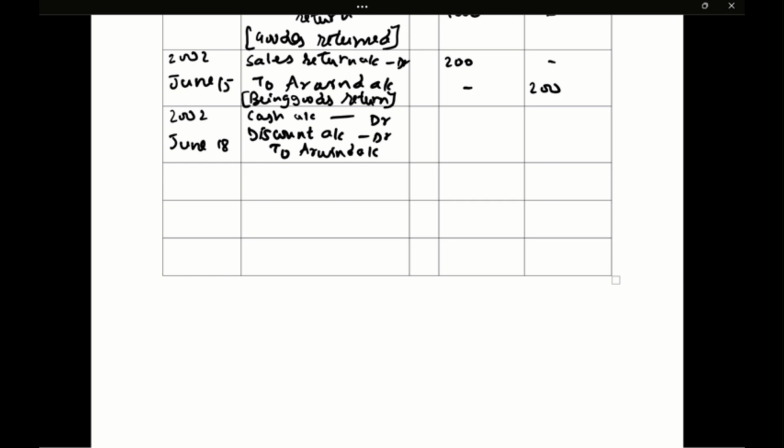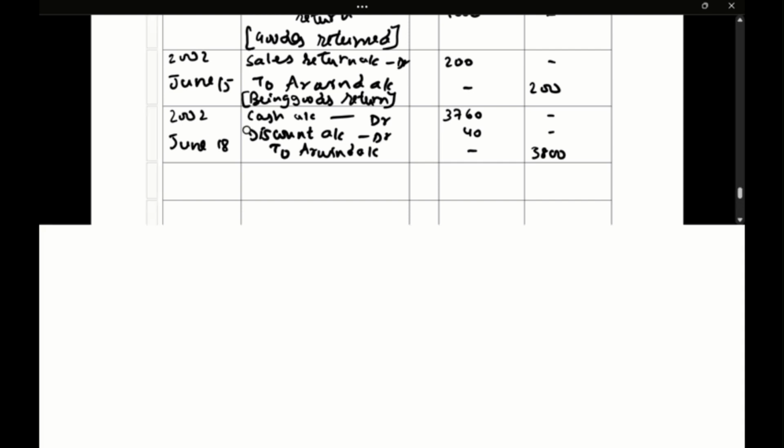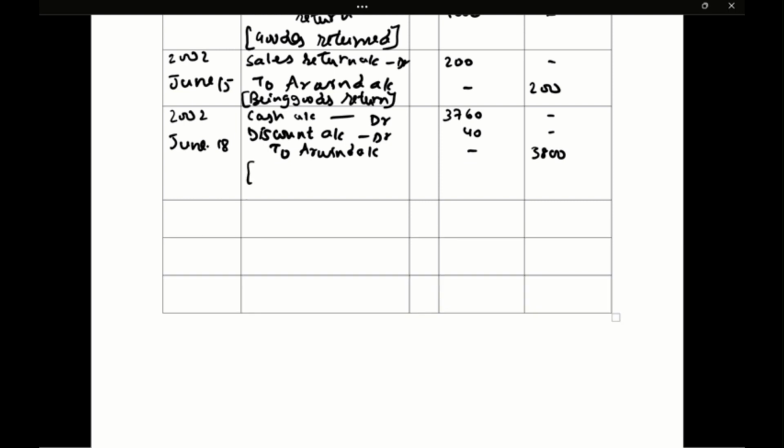So the amount is cash 3,760, discount is 40, so total is 4,000. Sorry, 3,800. So the narration will be being cash paid and discount received.